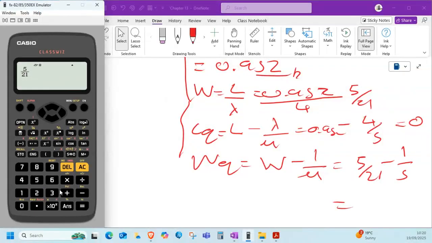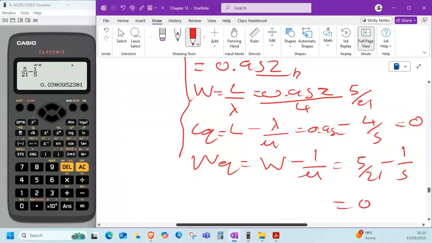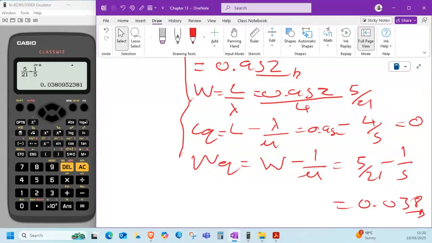Here, if you want to be safe, leave the simple, straightforward fractions alone and work with them as they are. Then the answer for WQ is 0.38.